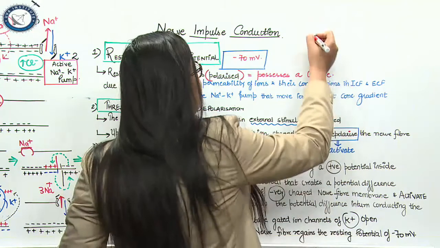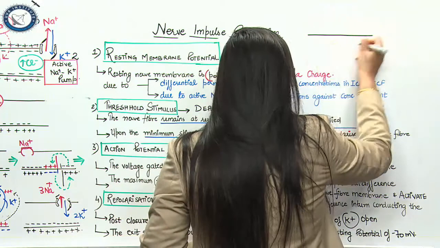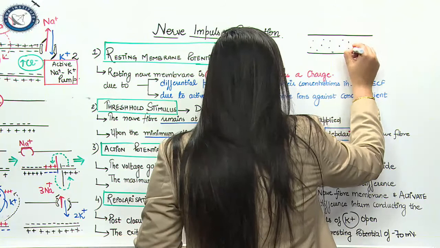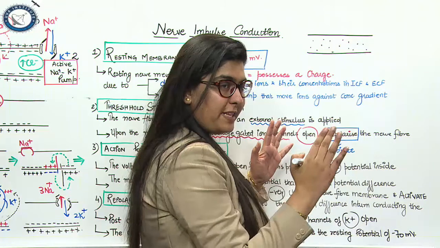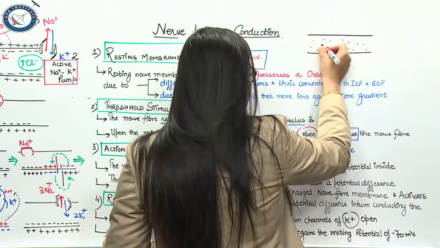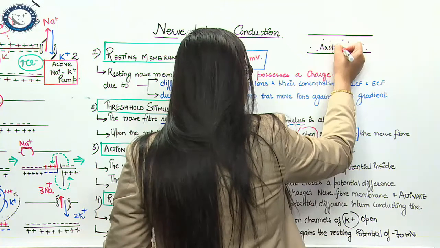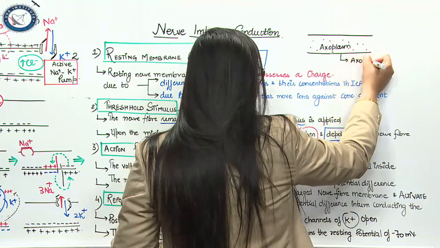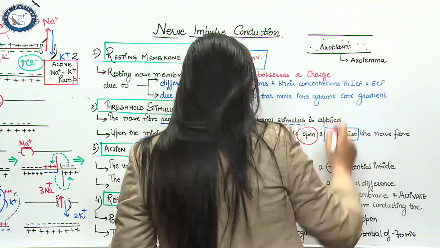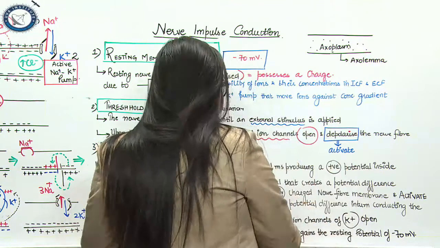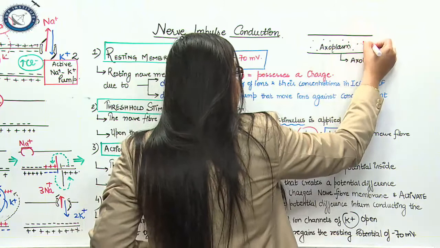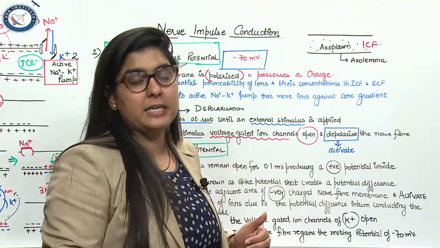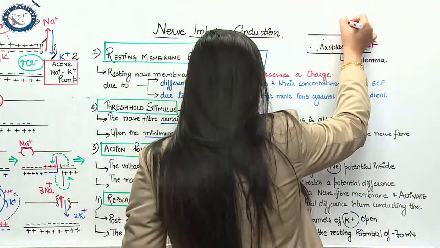For example, if this is the membrane of the axon, I am just drawing a small section of the axon, this is the axoplasm, and this is the membrane of the axon, also known as axolemma. The fluid present inside the nerve fiber is the intracellular fluid. The fluid present outside is the extracellular fluid.